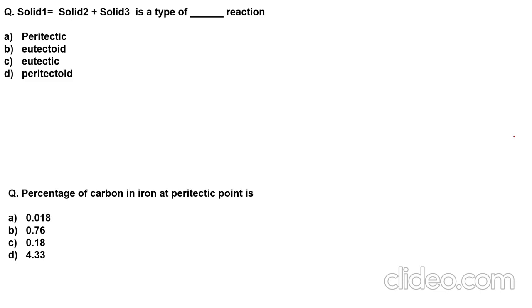When you have a normal system of a liquid getting converted to two solids, alpha plus beta, the famous reaction, this is actually the eutectic reaction.